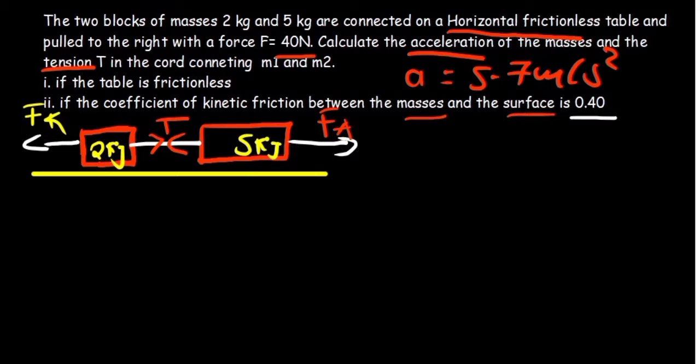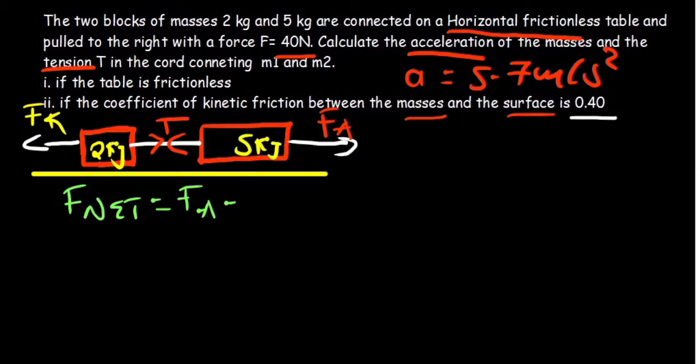Okay, we'll start just as we did in the first part of the question, by looking at the first box. I'll start with the 5 kilogram box. We said the net force is the difference between the force that you've applied minus the opposing forces.